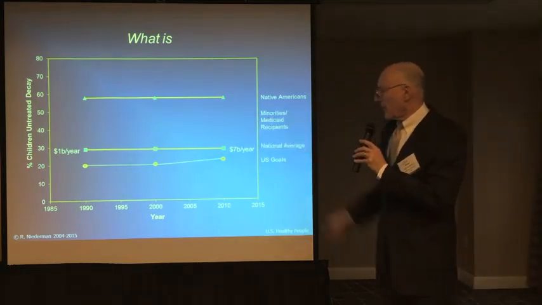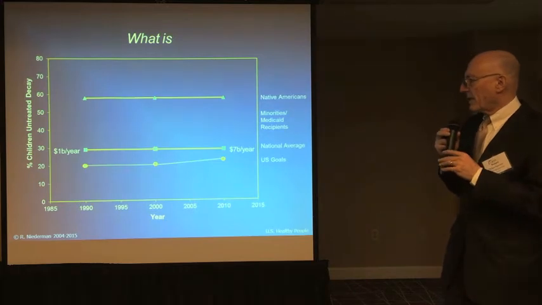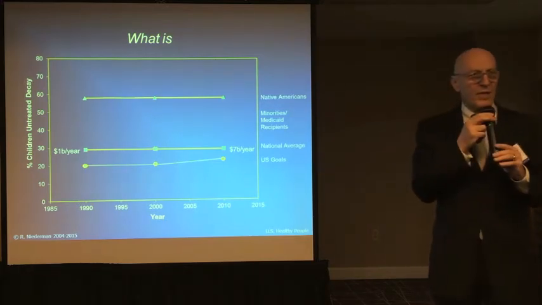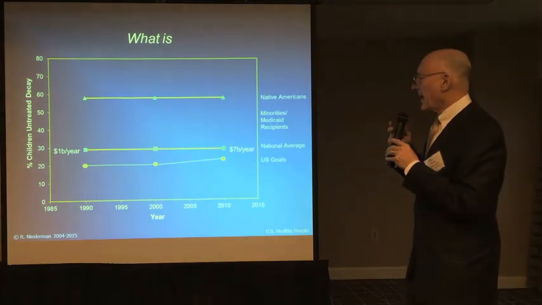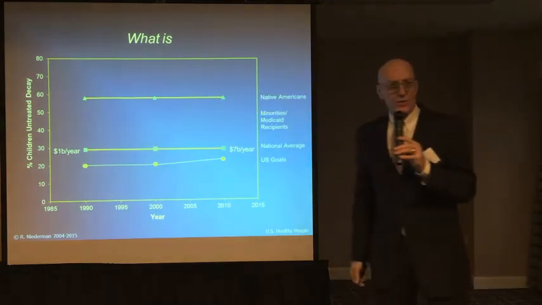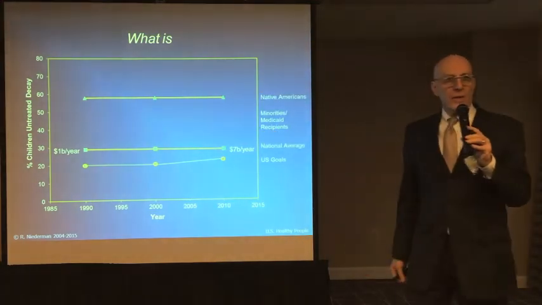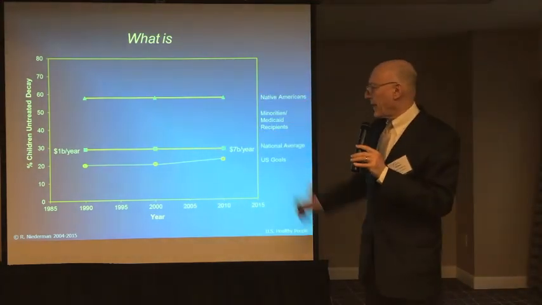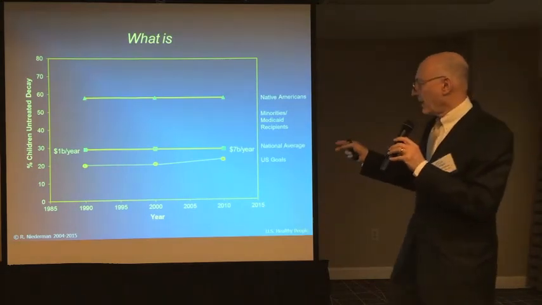So essentially, over that 20-year period from 1990 to 2010, more or less, on average, 30% of U.S. kids have untreated decay. And for Native Americans, American Indians, it's almost 60%. Medicaid, minorities, rural are in between. And that has not changed over that 20-year period.